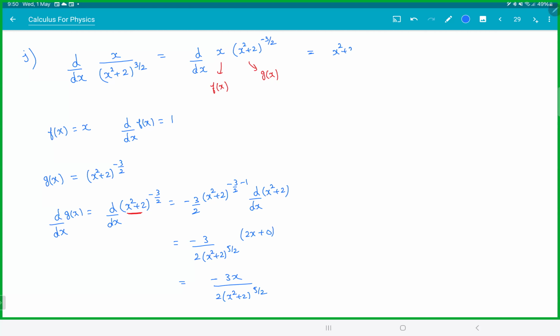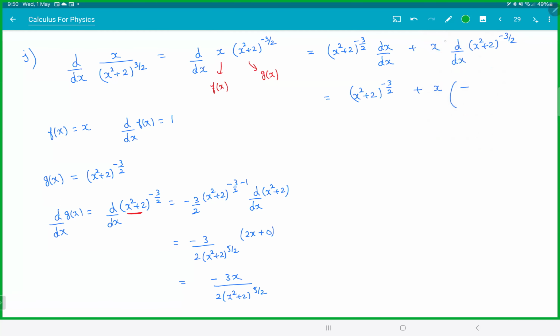Now you can write this thing as (x square plus 2) whole power minus 3 by 2, the product rule. So differentiate f of x, put g of x outside. Then differentiate g of x, put f of x outside. So dx by dx is 1. So this is (x square plus 2) to the power minus 3 by 2 plus this is x. Just now we differentiated this.